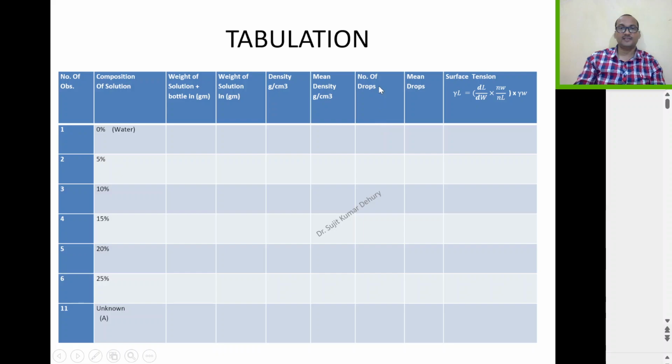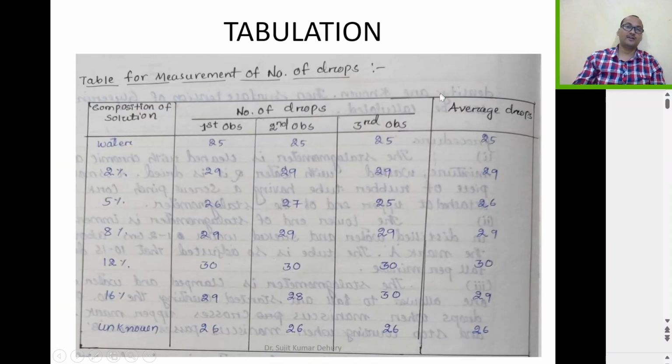And for each percentage composition of solution, you need to find out the number of drops. Once you know all these data, you can put these values in this formula and get the surface tension.